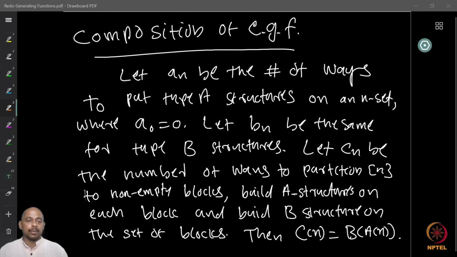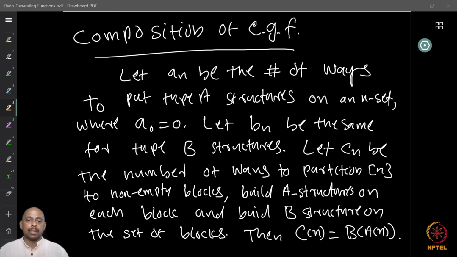We assume A0 to be 0, just like we did in the previous case. And let us also assume that Bn is the number of ways to put B-type structures on an n-element set.